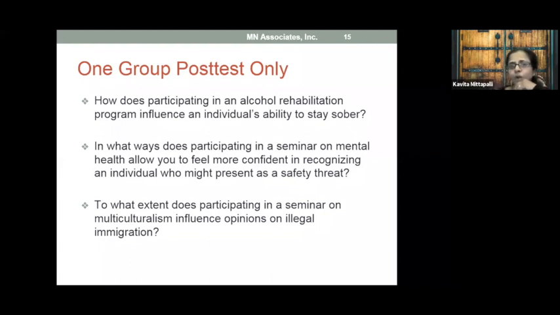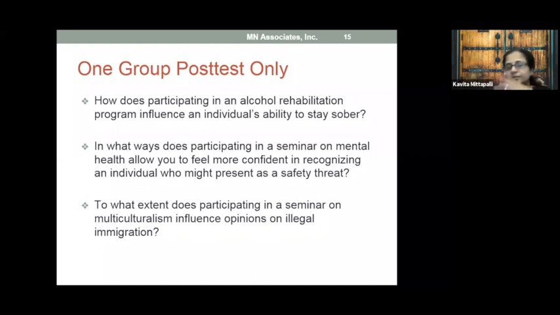The most common one is the one group post design, and the kind of question is the extent to which participating in a program intervention influences an individual's ability to stay sober, or in what ways participating in a seminar or training program may make you feel more confident in recognizing an individual who might present as a safety threat. So that's a typical example of a post test.